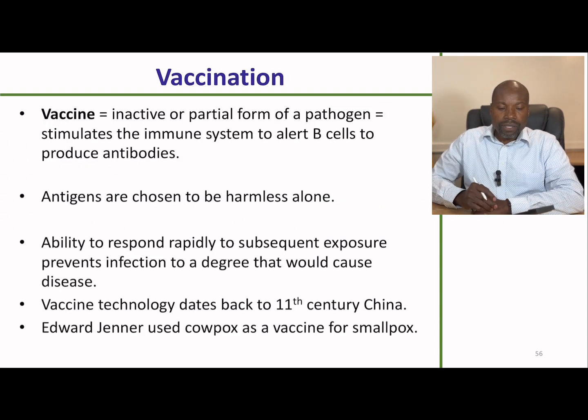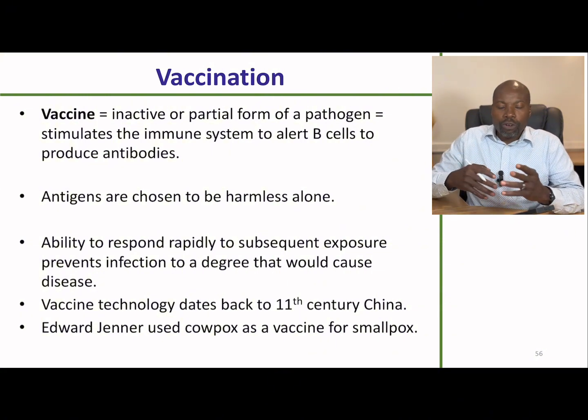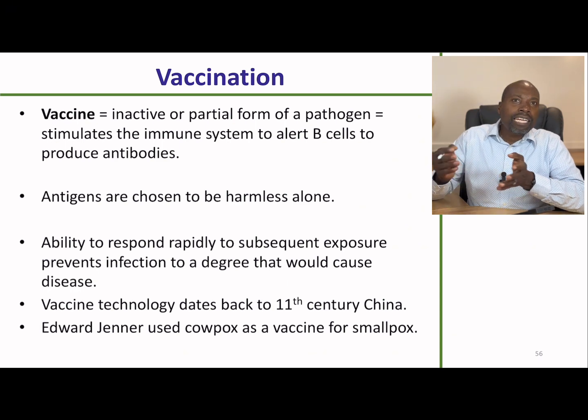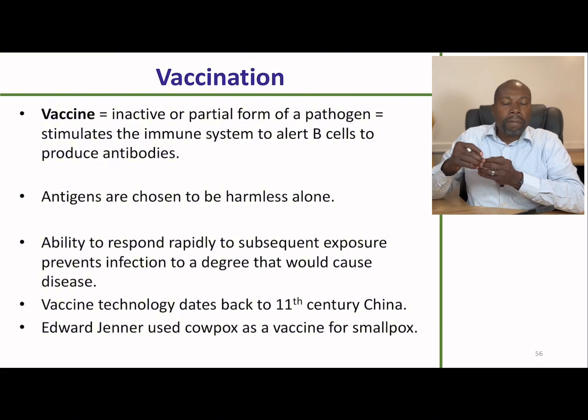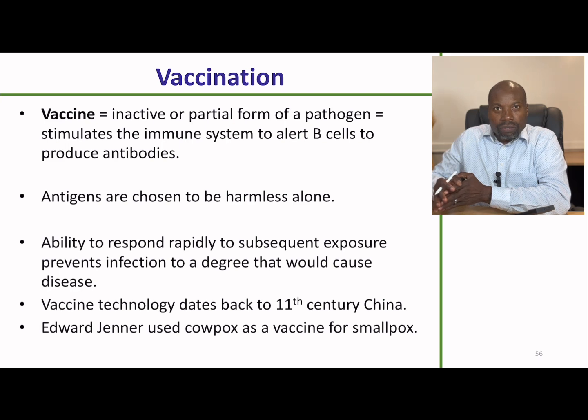Now, vaccination is a process that has been among us for a long time. This vaccination is typically done with altered pathogens or inactivated pathogens. It can be pathogen particles, right?